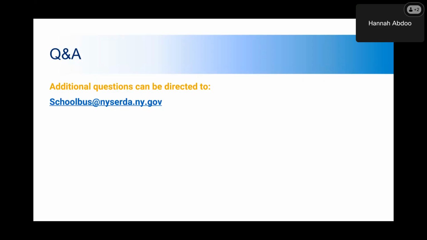Okay, next question. How long after applying can we know if we'll get approved, and how many buses is our district eligible for? So you can determine how many buses your district is eligible for by reviewing the district cap numbers in the implementation manual.